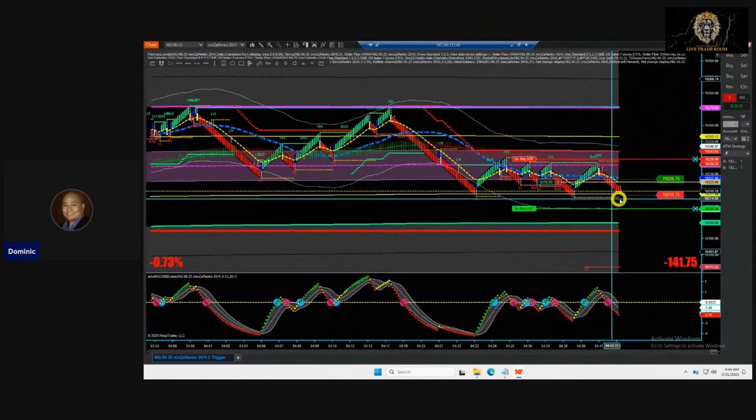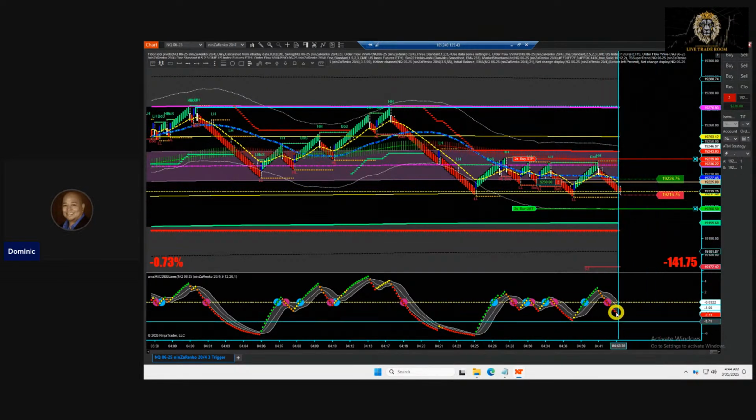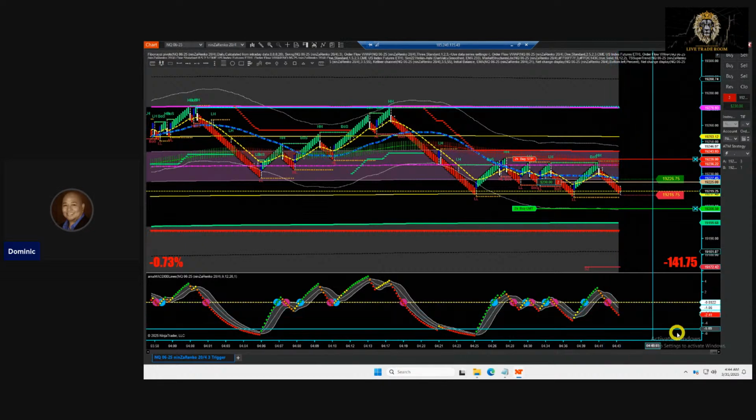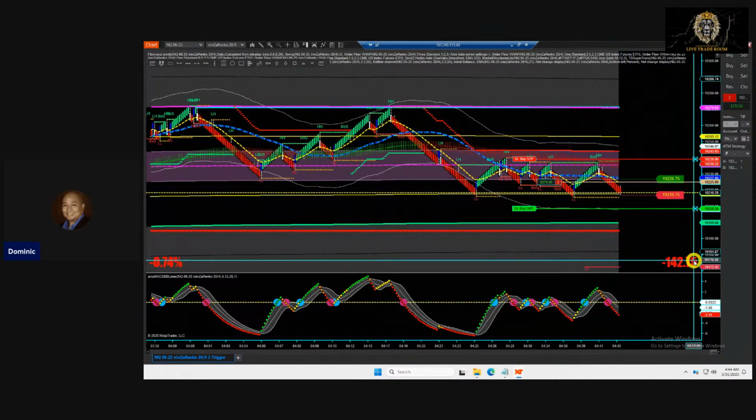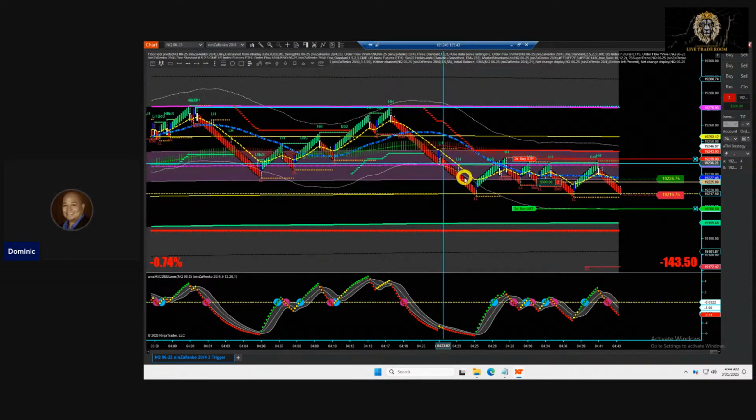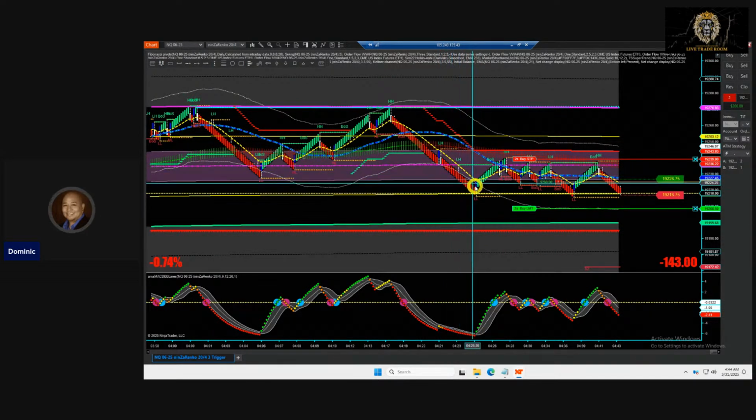Again, we have strong momentum here to the downside, and hopefully they finally bust this out. As you can see, they really went past the lower band of the Keltner channel.